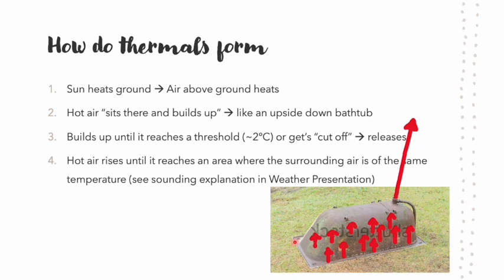So the idea is simple. The sun radiates on the ground. That radiation heats up the ground, and the ground then heats up the air just above it. So you start to get a little bit of a bubble of hot air sitting on the ground, let's say on that field.